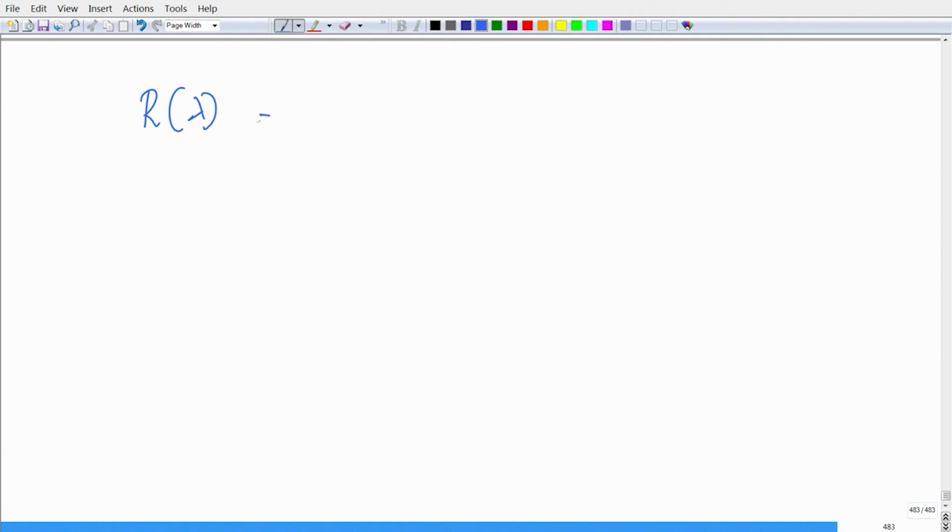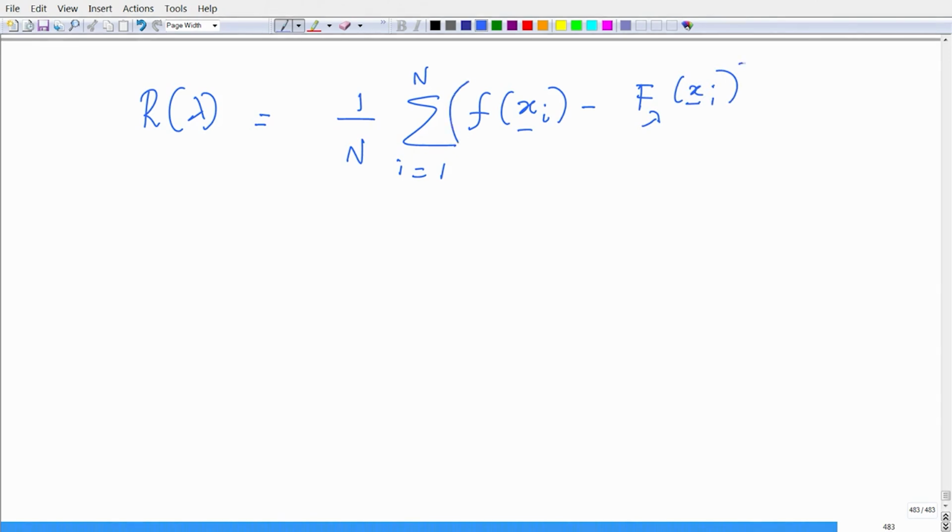R of lambda is now averaging the error I have between what I get from f of x_i and this approximation F lambda of x_i. F lambda of x_i is the approximating function with the regularization constraint, and that is the reason why I bring this subscript lambda there, and f of x_i is the unknown function. This is what I compute, and I call this R of lambda.